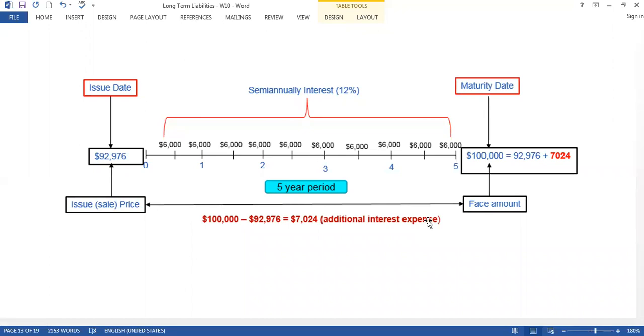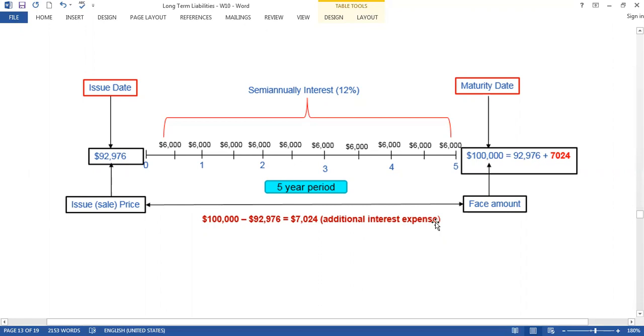So in this example, this additional interest expense is the plus sign. That means that we have to pay this money more. So as it is a bad news, it will increase our expense, right? So we have to record it as a debit, something like this.